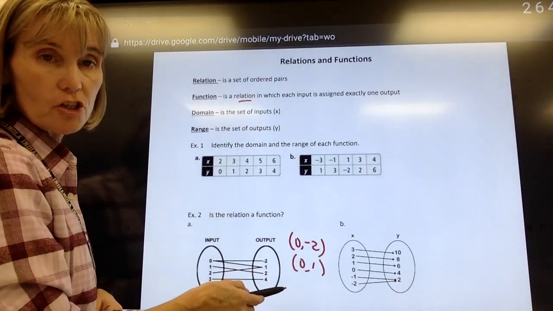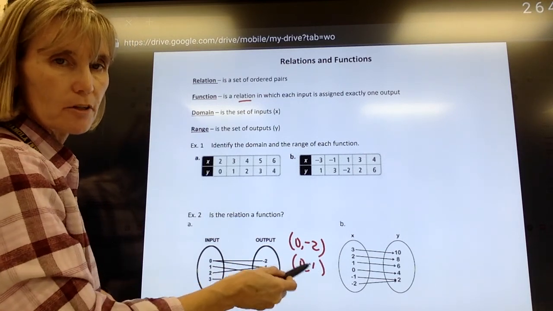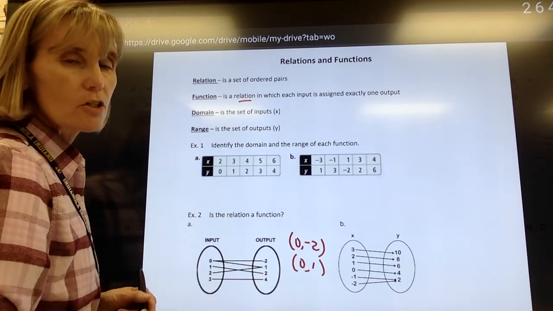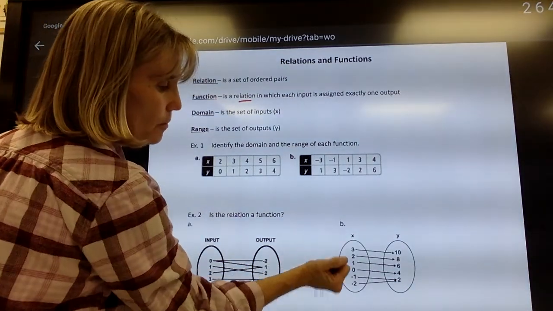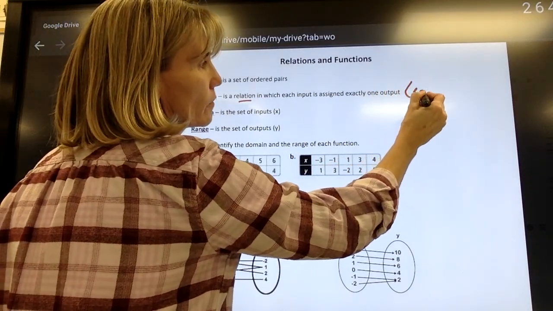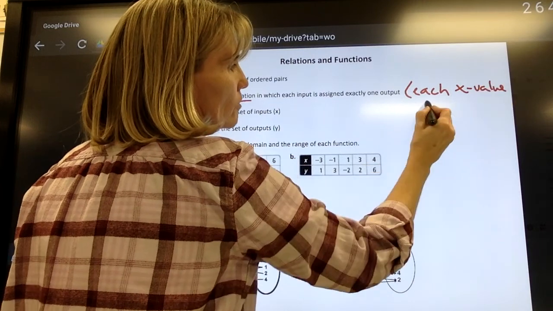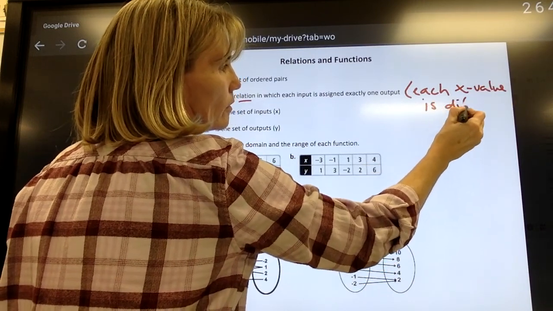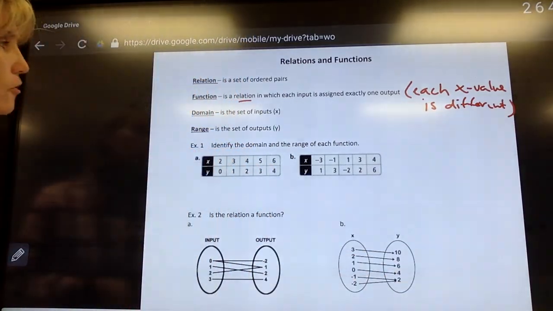That is not a function, because the x value is repeating. We see 0 mapped to a different y value, so that would be not a function. That's what it means by that. So up here I'd write function, each x value is different, no repeats. Might want to put that in your notes.